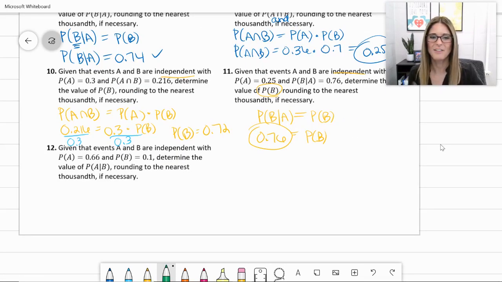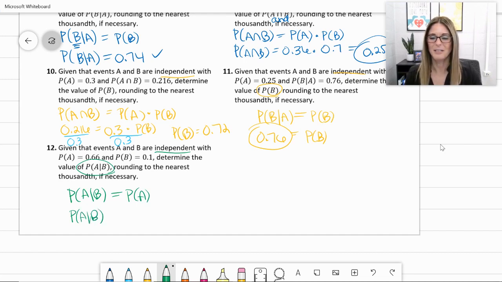Last one, given that the events A and B are independent, with probability of A given, probability of B given, determine the value of A given B. Now, what did we just say? The conditional probability, if they are independent, is equal to just that probability of A. Am I already done? I think so.